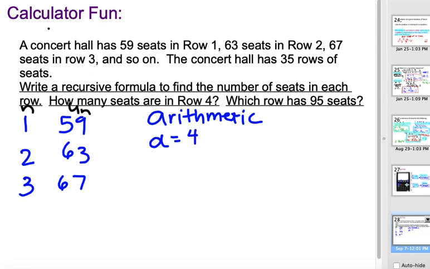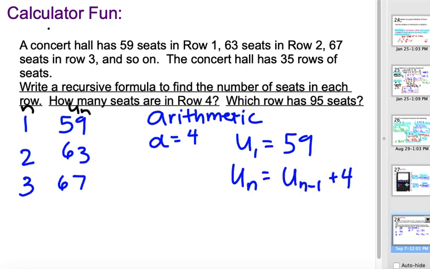So I think we could very easily and quickly write a recursive formula, answering that first question. Remember, how many parts do recursive formulas have? They have 2. You need to give a starting place. In this case, the value of the first term is 59, and then you take the previous term, u sub n minus 1, and you add 4 to it.